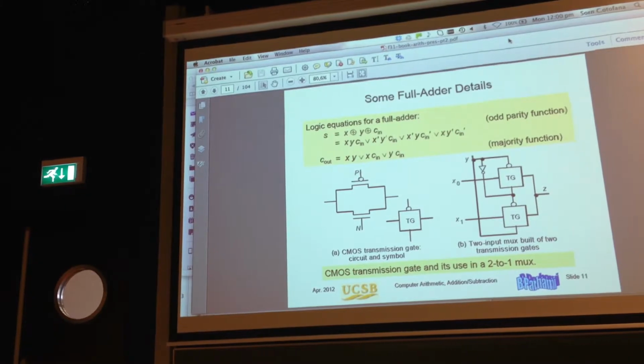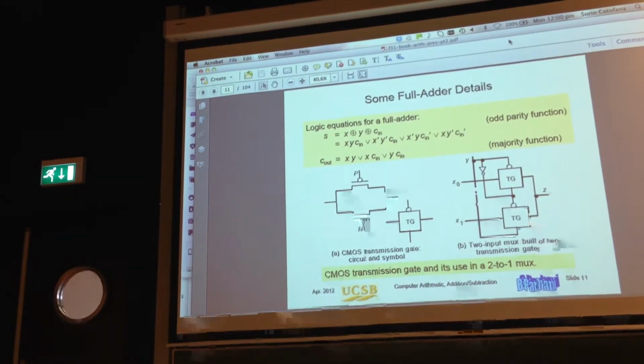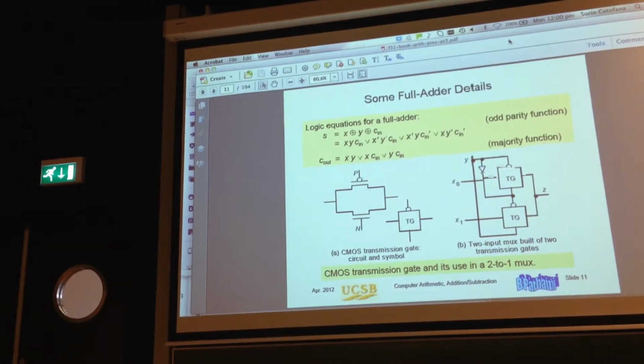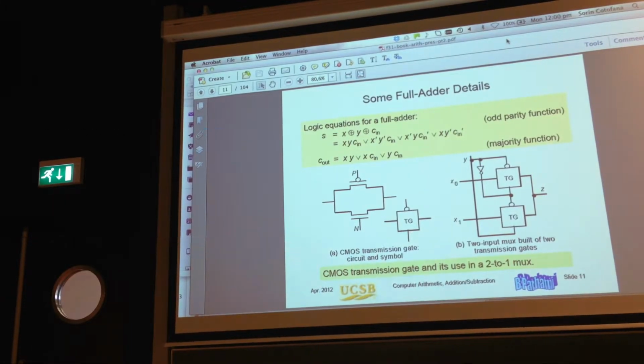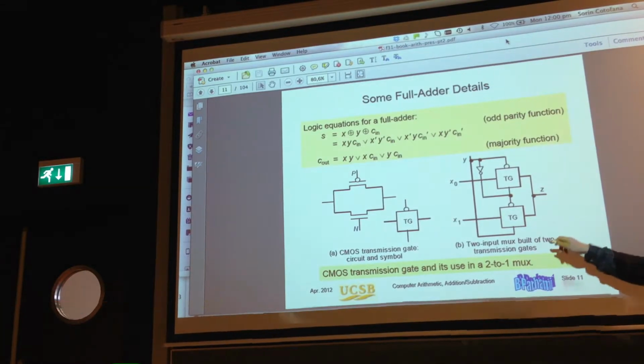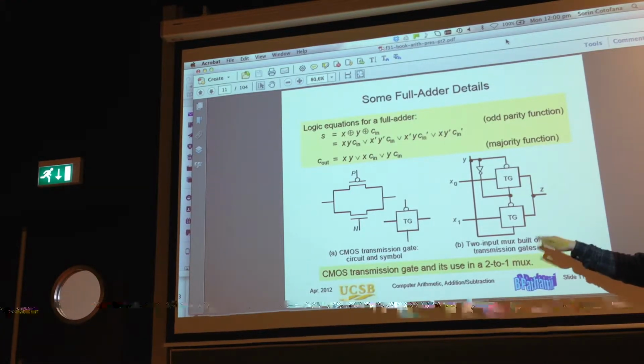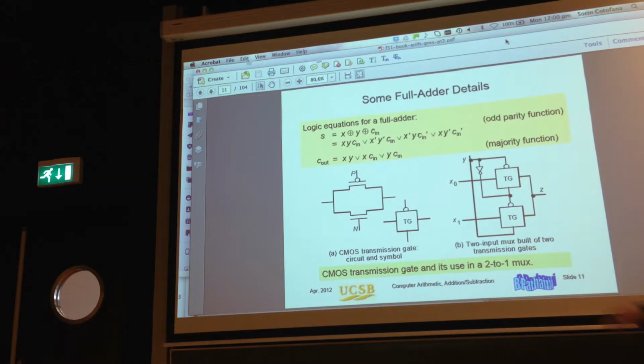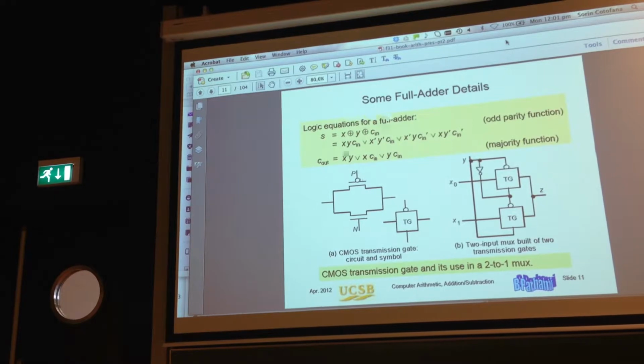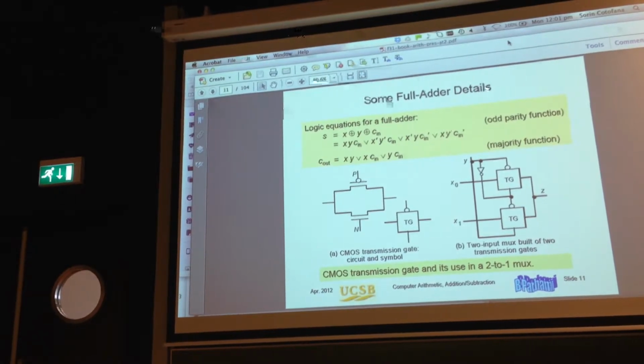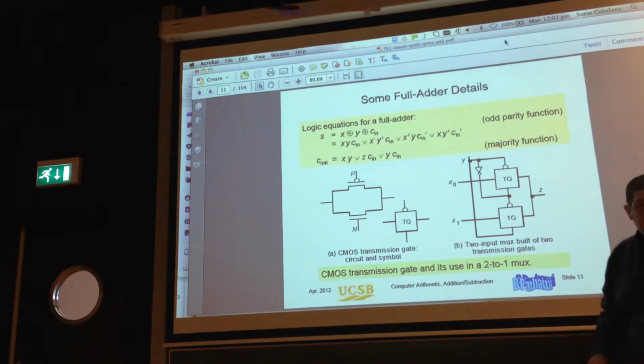Then I can put a transmission gate or a couple of them, assuming that the signal here will be strong enough to be properly regenerated by the inverter. Then this is a good implementation, it's fast, it's cheap. However, I have to be sure that here and there I put inverters or buffers or other CMOS gates in order to regenerate the signal.